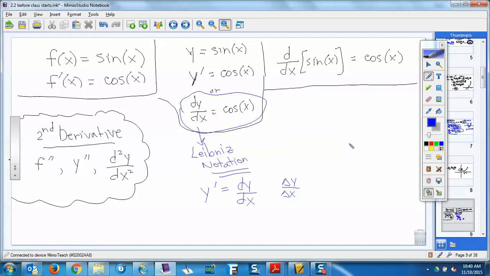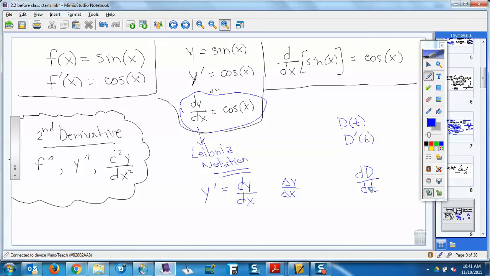So if we had a function, remember that function yesterday, d of t, the distance of that professor. We did the derivative as d prime of t. Well, if we were going to do Leibniz notation, that would be the derivative of d with respect to t. So it would be dd over dt. That would be the same as d prime of t.